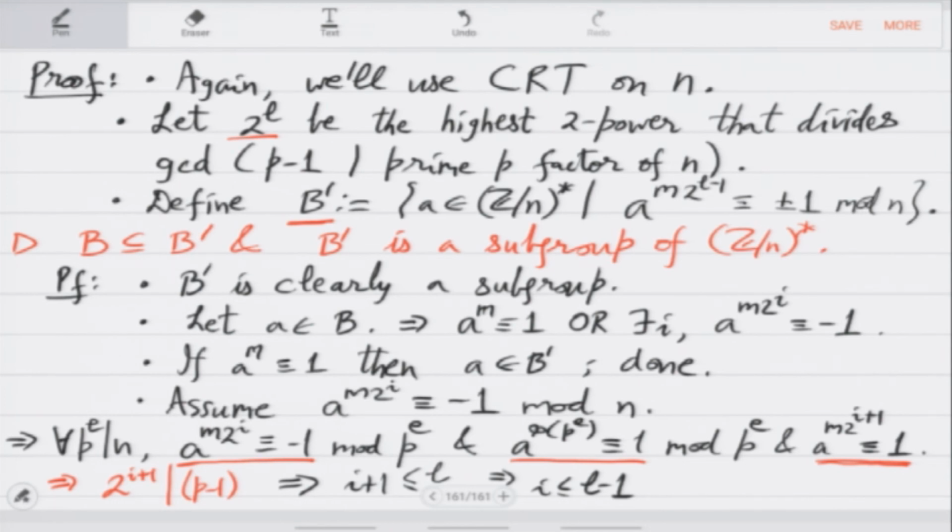So, now since already you have this property, A raised to m 2 raised to I equal to minus 1, you learn that A raised to m 2 raised to L minus 1, which is at least I, this value will also come out to be plus minus 1. Okay, that is what you deduce. And this means what? This means that A is in B prime.